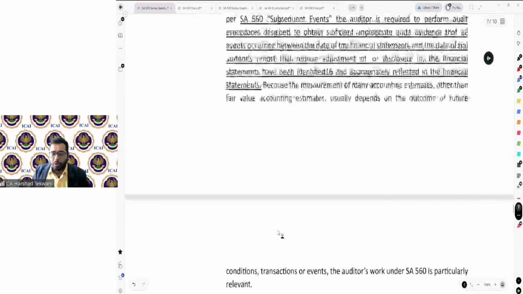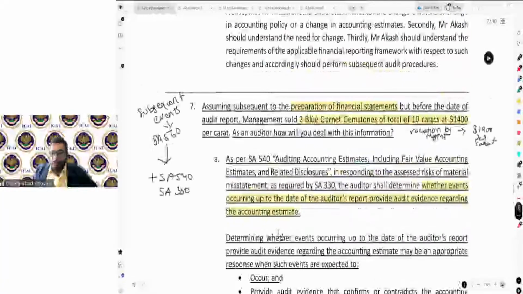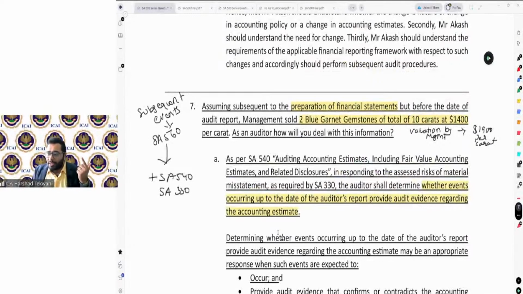So in the current case, you are required to understand whether the event requires any adjustment and what the impact of the event is on the accounting estimate. So I will apply SA 540, 330 and 560, and check how events occurring after the balance sheet date are impacting my accounting estimates.